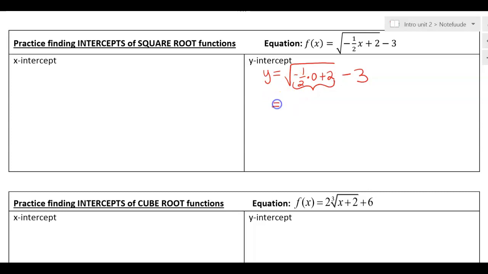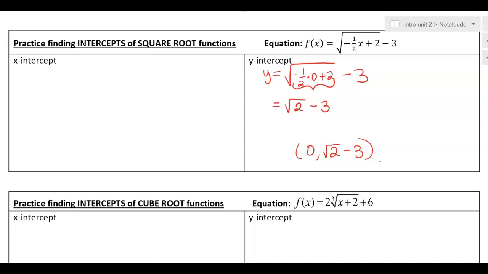What is that really the square root of? So in our case, 1/2 times 0 is 0, plus 2 is 2. And without a calculator, this is how we're going to leave it. We're not going to approximate the decimal on our own. So we're just going to literally leave it as it should cross the y-axis at this point. Okay? If you were feeling really horrible about it, you could approximate it to yourself.